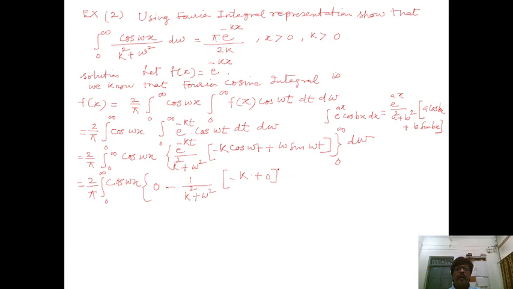So what we have deduced, this is constant, minus minus would become plus, twice k upon pi into k square plus omega square into integral 0 to infinity cos of omega x d omega, that is equal to f of x.